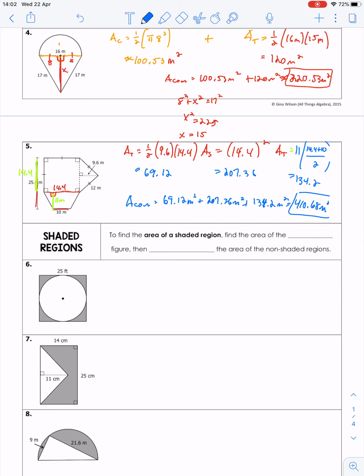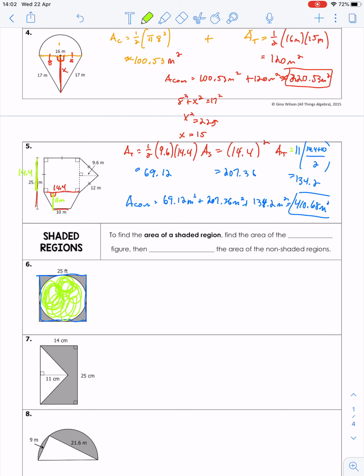So the way you do that is you find the area of the whole thing. And then you subtract the area of the non-shaded region. So if we subtracted that, if we took it out, what would be left?